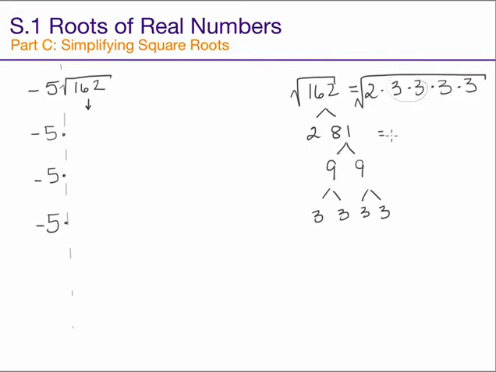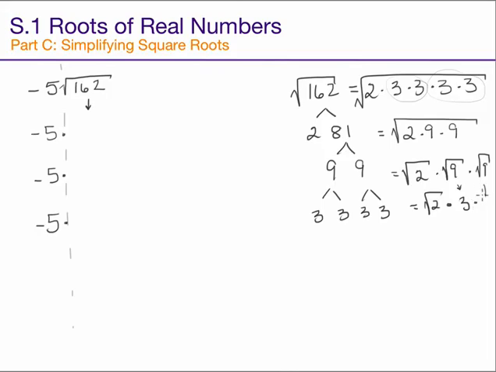I could rewrite this as the square root of 2 times 9 times 9. This can be written root 2 times root 9 times root 9. And that can be written as the square root of 2 times 3 times 3.